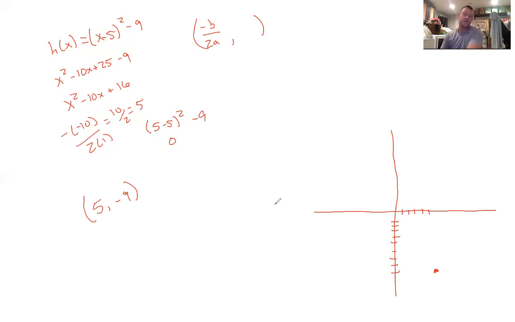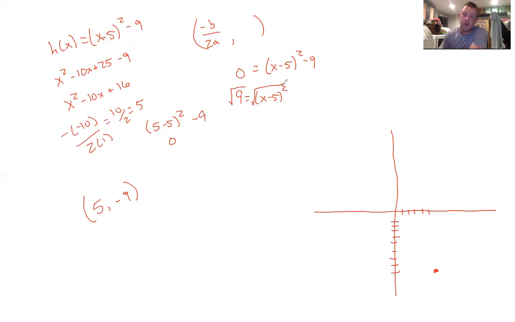Find the x-intercepts. Plug in 0 for y. So 0 is equal to, I'm going to leave it like this. This one will be so much easier to solve. Otherwise, I would have to use the quadratic formula. To solve this, add your 9. Then I need to get rid of this square, so I'm going to square root.